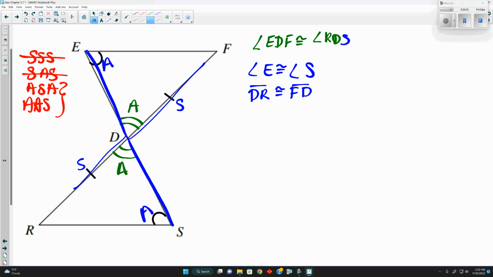So we can say exactly that triangle EDF is congruent to triangle SDR by angle angle side.